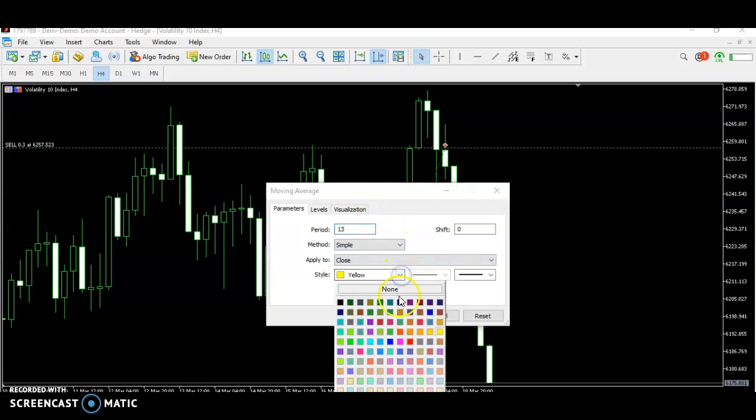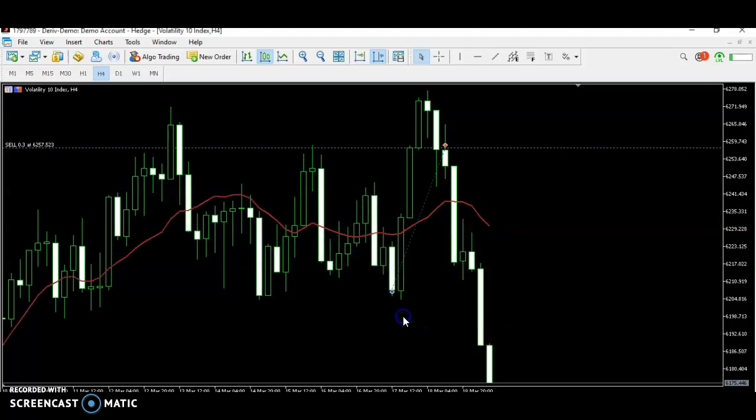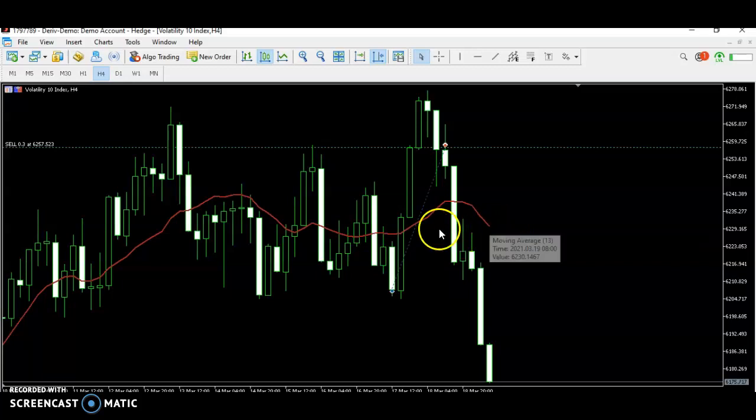It's at red, because it's danger. Let me just put it like this. As you can see, from here it slid down to this position and ended up here.